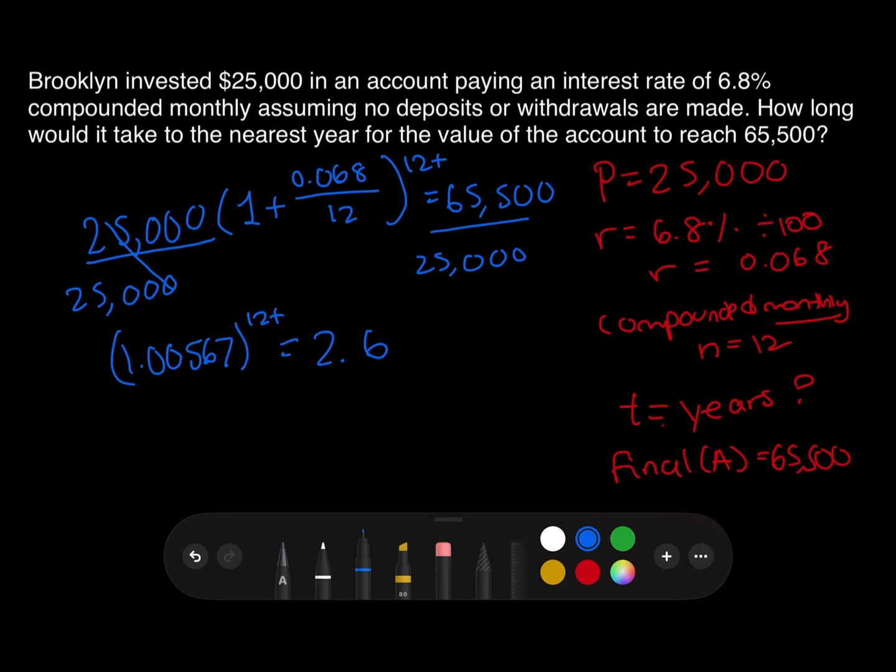So now we basically have the same situation that we did last time in the previous question. We can do log again because we're trying to find the exponent that we raised this base to in order to give us 2.6. So we would write log base 1.00567 of 2.6, and it has to be equal to 12t, which is our exponent.